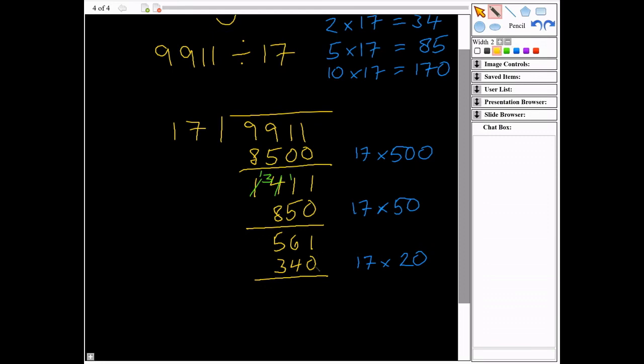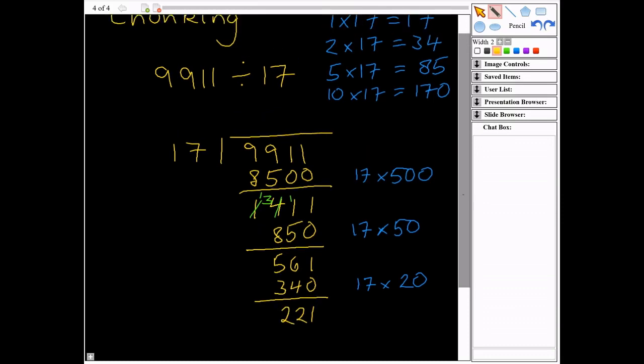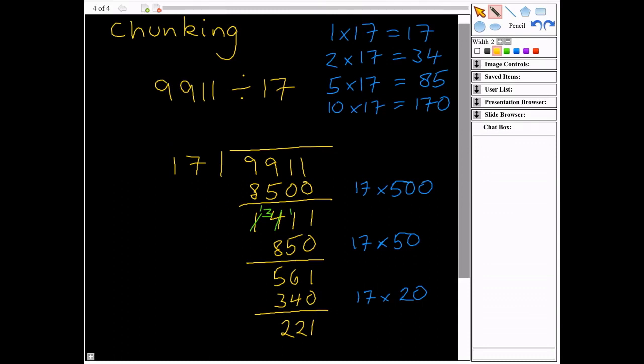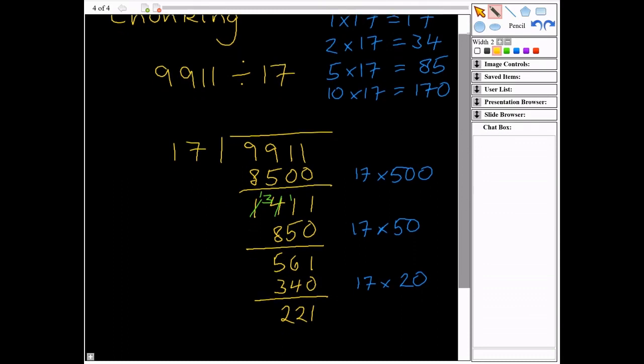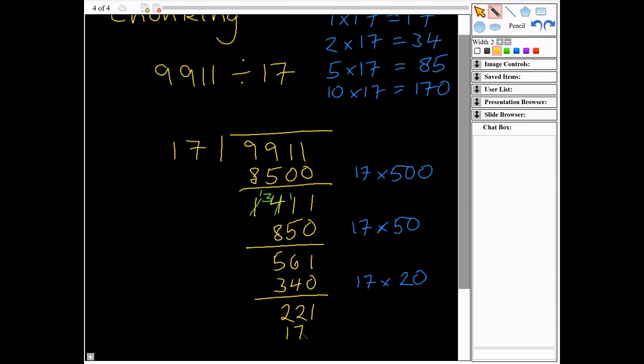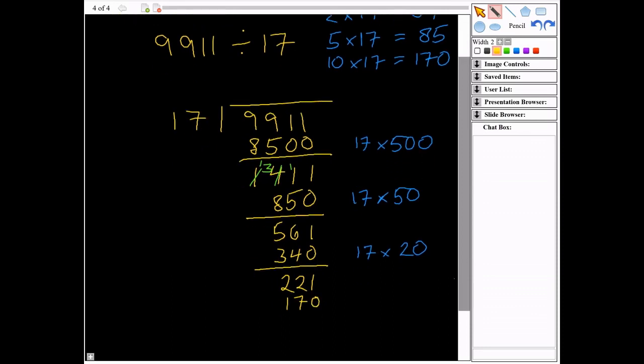Then I take away, so I do 1 take away 0 is 1, 6 take away 4 is 2, 5 take away 3 is 2. 221 or 22. So the 17 would be the best fit. Fill up the empty space with a 0 again. And that is 17 times 10.